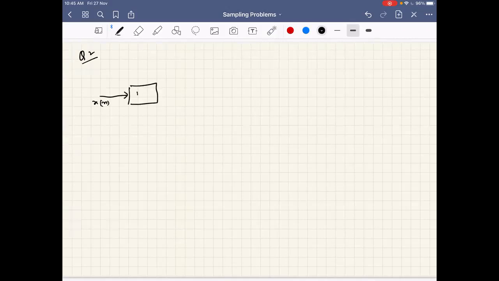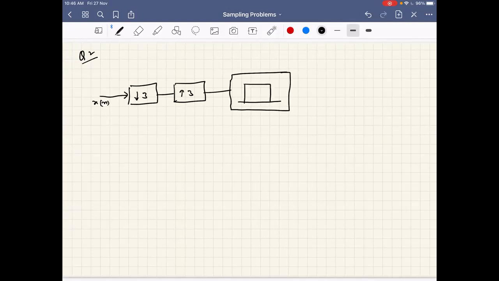I will tell how we get this discrete time signal. It is sent to a downsampler, followed by an upsampler and a filter. Now I suggest you people should tell what I should do. I will not tell the steps. I will just write the question and leave.